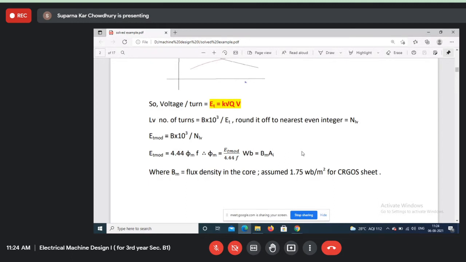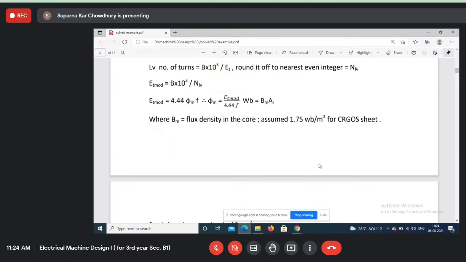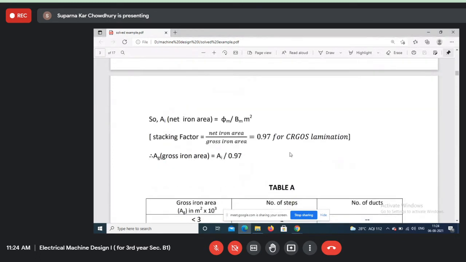So we assume the flux density is 1.75 Weber per meter square. The iron area A_i, which I have indicated, is the net iron area. That will be flux divided by the flux density, in meters square.